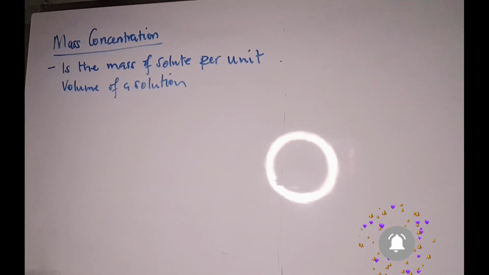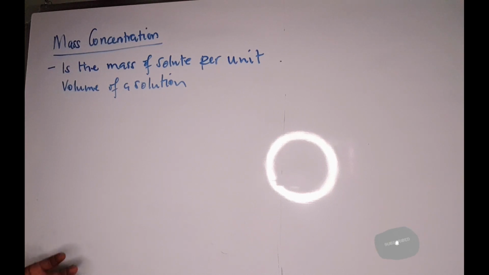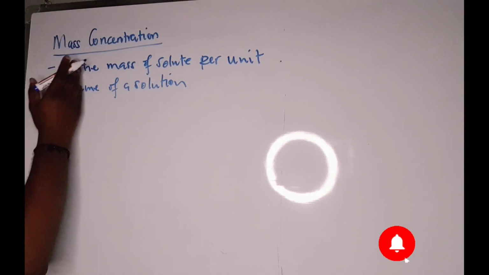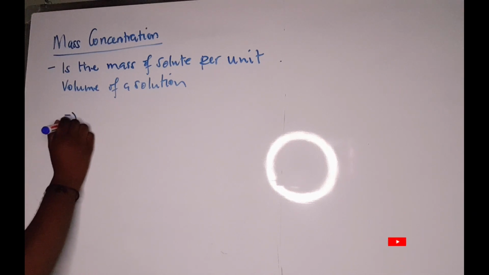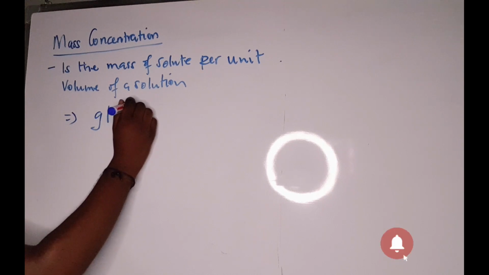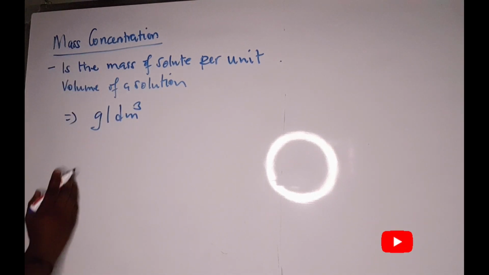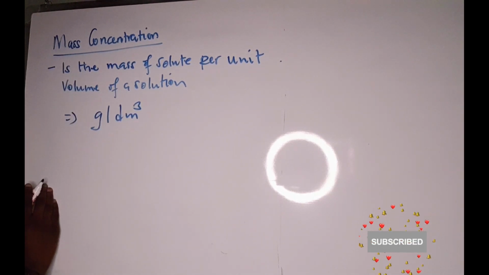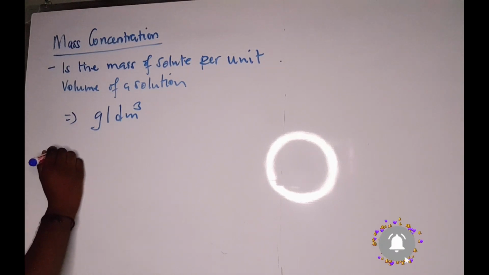In short, mass concentration is the amount of a solid dissolved in 1 liter of a solution. Therefore, mass concentration is determined in grams per cubic decimeter.